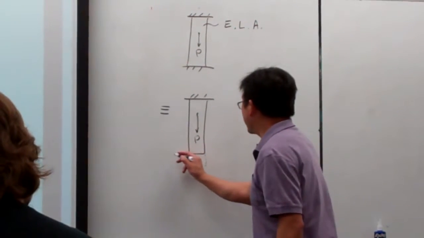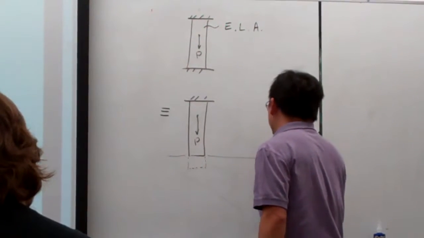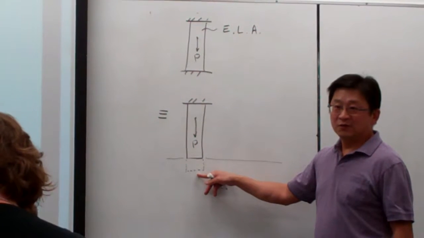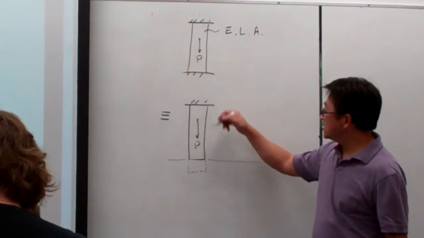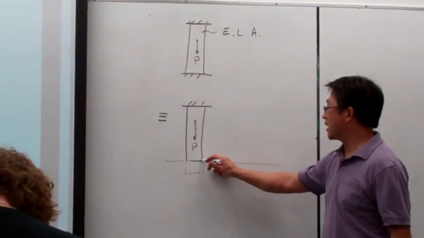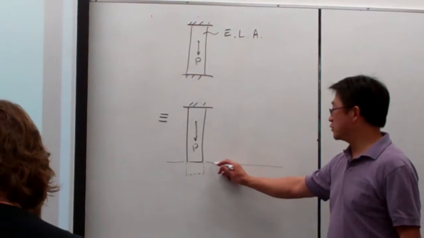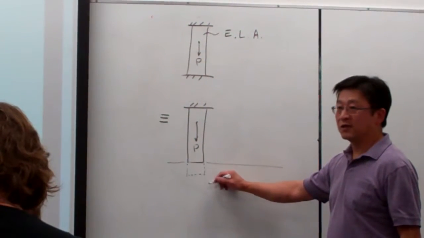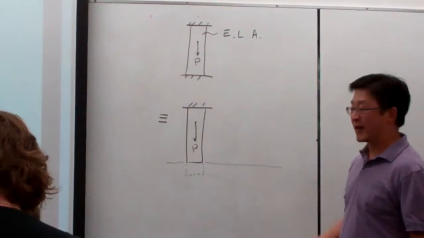However, this is the ground. Such an elongation is not allowed. So once this material is under loading, the material point at this end has been trying to push the ground and get the elongation like this. However, the ground prevents that from happening.